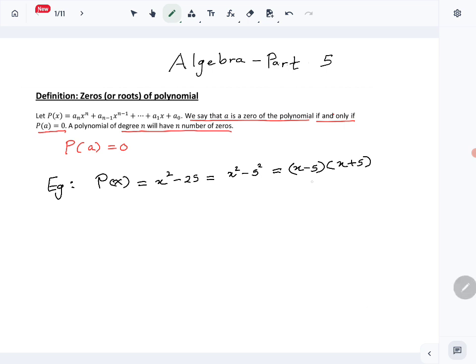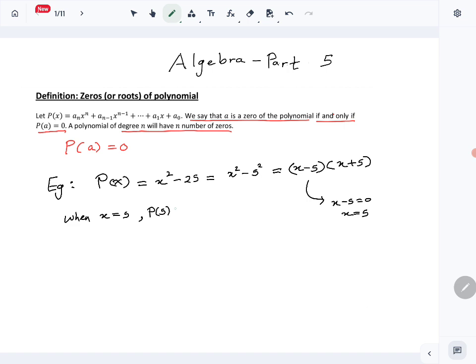So now observe that x equals 5 comes from the first factor: equal the first factor to 0 and solve for x. So you get x equals 5. Now try substituting that into the polynomial. So what happens?